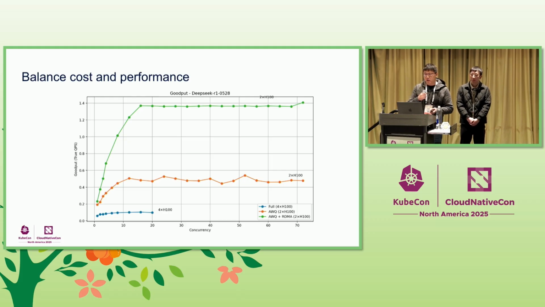It delivers 10x goodput with just half the GPUs compared to TP16 setups. So in total, over 20x higher efficiency than the full-weight baseline. The takeaway is, when you move to multi-node, balance the cost efficiency and the model accuracy. That's a super important thing to do.